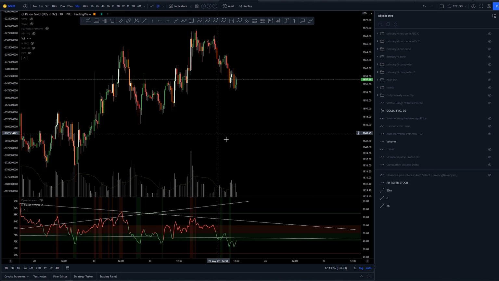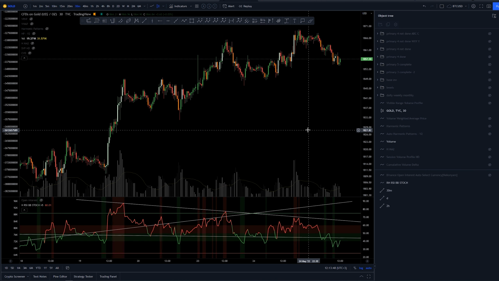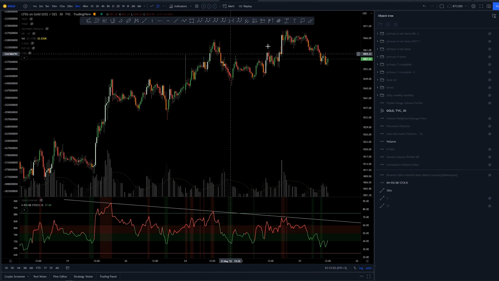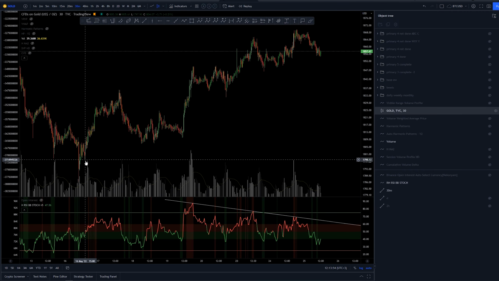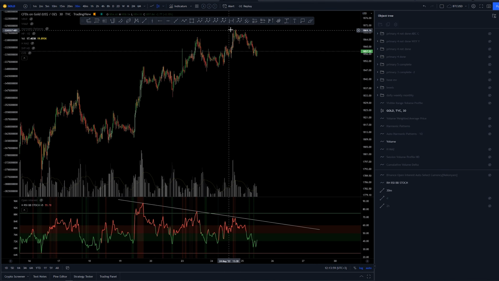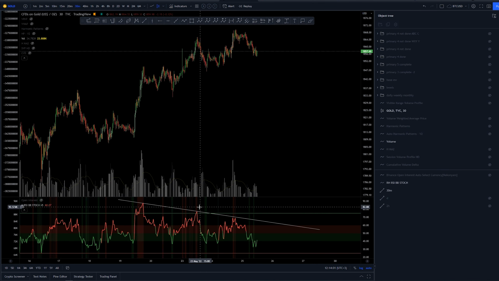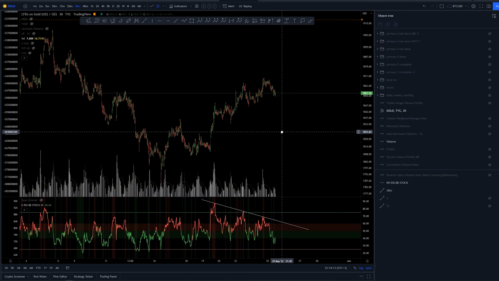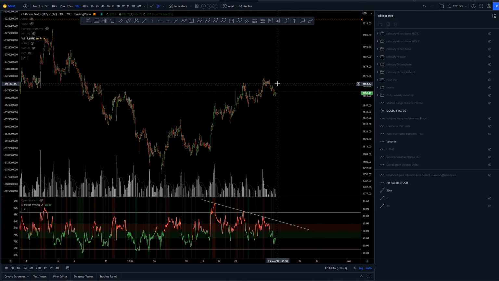On 30 minutes, we can see this structure even closer. The rise we had here from the lows, we can see this divergence has now had 3 peaks with 3 lower RSI readings on the high, giving us bearish divergence on both of these. Now they are both lining up with this trend line, which is giving us even more confidence that this move has ended.